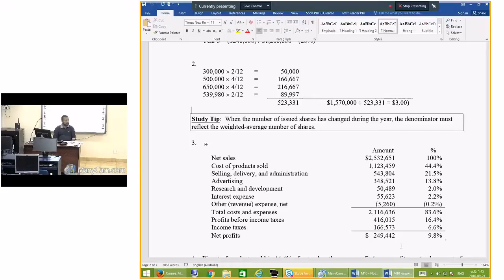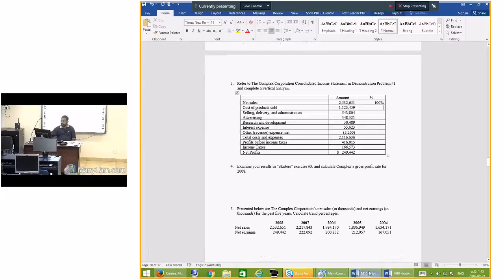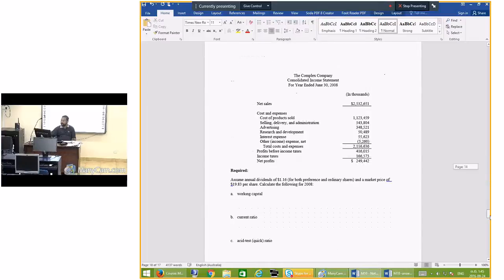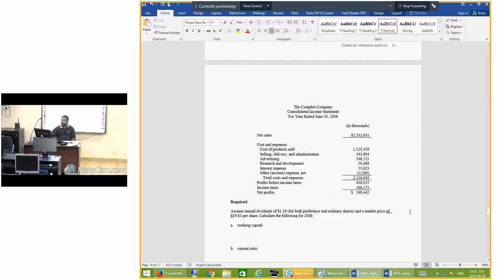Question. Page 14. This one. You go down to the last page, you can find this income statement.